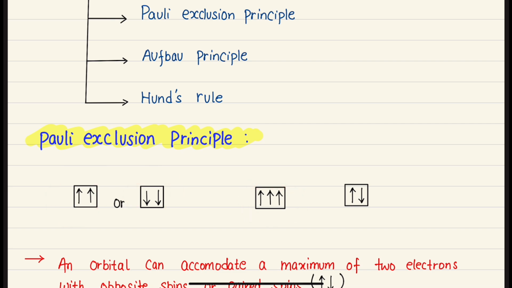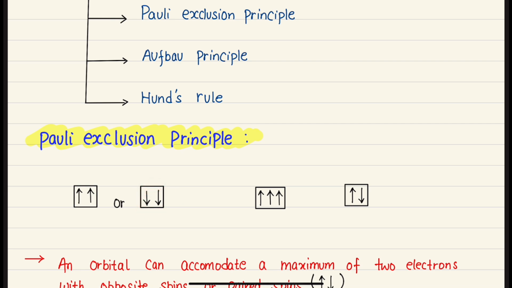Suppose we have to fill electrons inside the atomic orbital. Suppose you fill the electrons like this, both in the same direction, having ms value minus half.